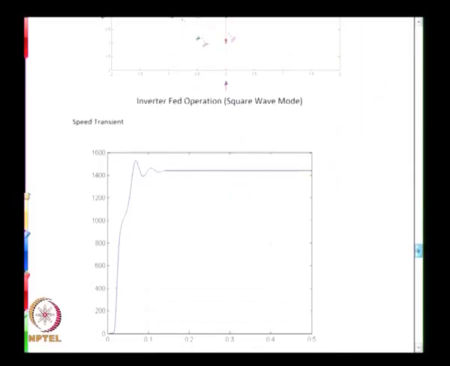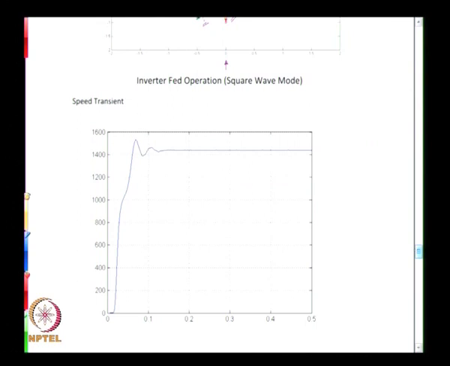Just to briefly recollect what this is, we are looking at an inverter which consists of 6 switches, each switch having its own anti-parallel diode.